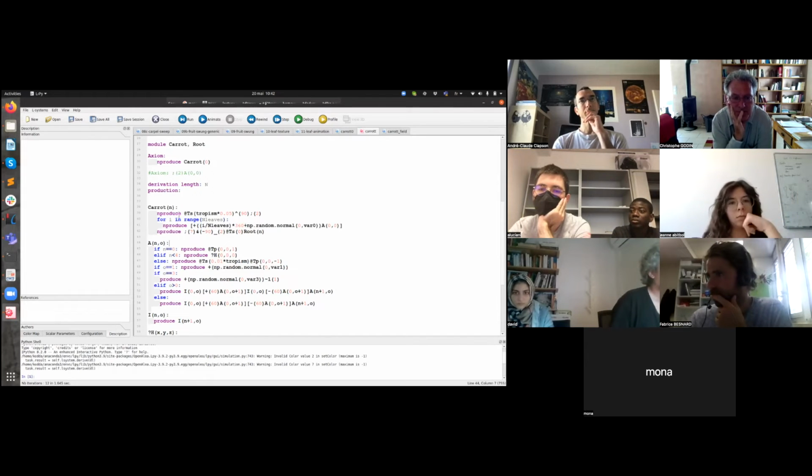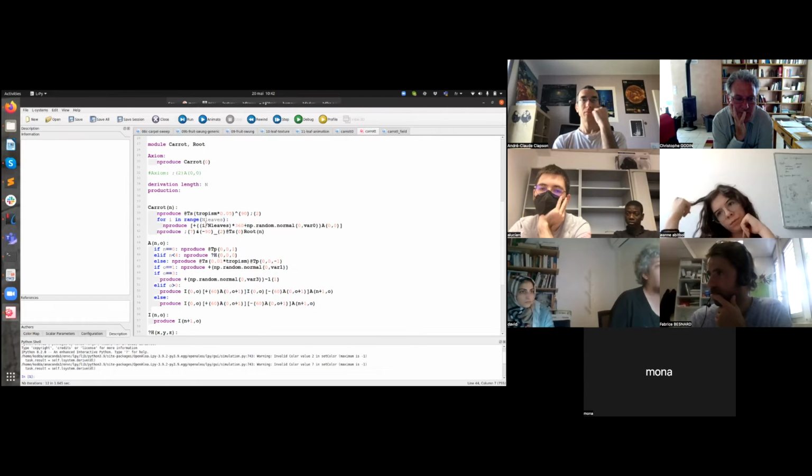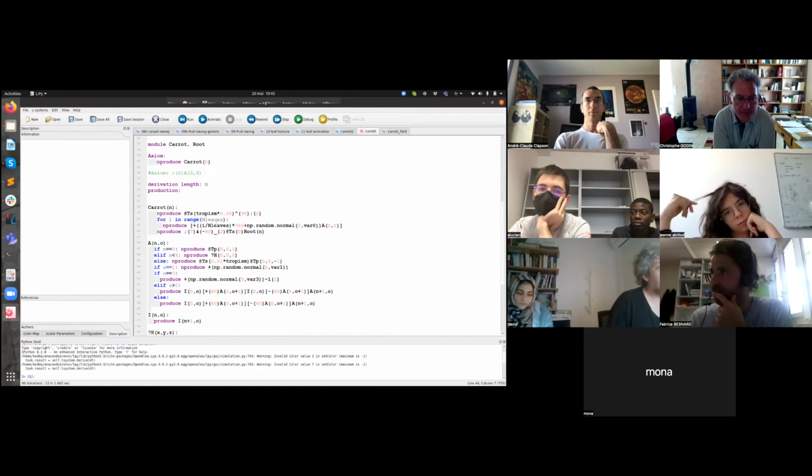To go through the model, we first set the tropism to some value, and it's pointing upward. The elasticity, sorry, we set it to some value. Then for the number of leaves we choose, which is random, we generate a leaf, and we choose the angle of the leaf randomly, and then we produce the root.